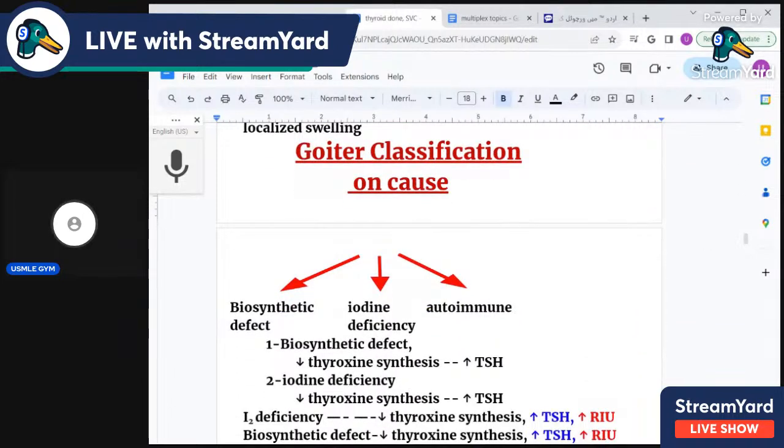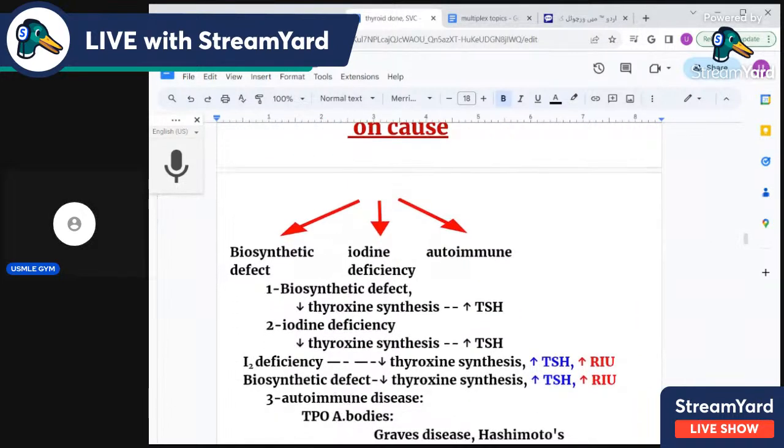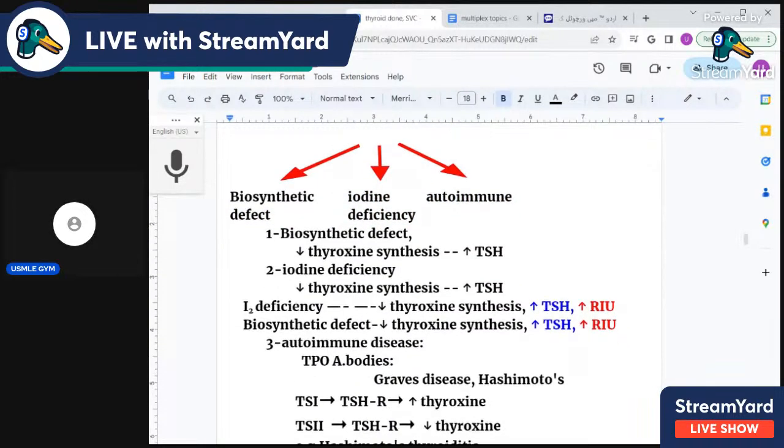Now goiter classification on a cause. Three causes: biosynthetic defect, which is more common in the Western world, USA and developed world. Number two, iodine deficiency is the most common cause of goiter worldwide. And third, it may be due to autoimmunity, antibodies.